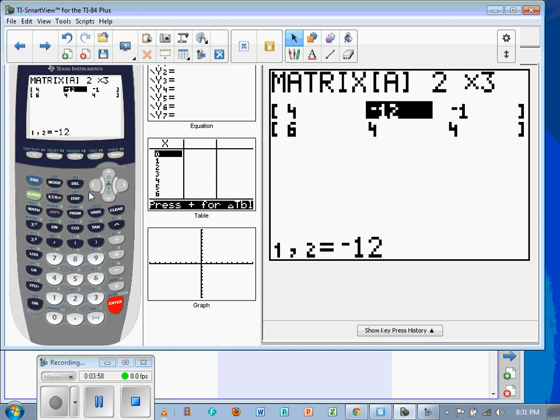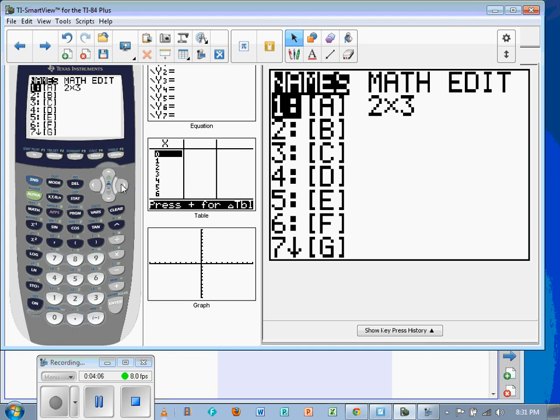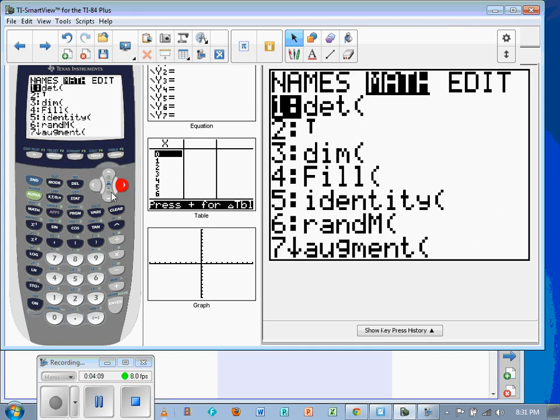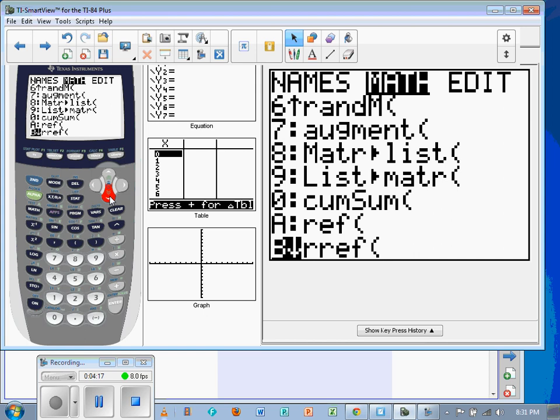Now let's quit and let's go back into the matrix menu. This time we're going to do a math operation. So highlight math, go all the way down to RREF. There it is.